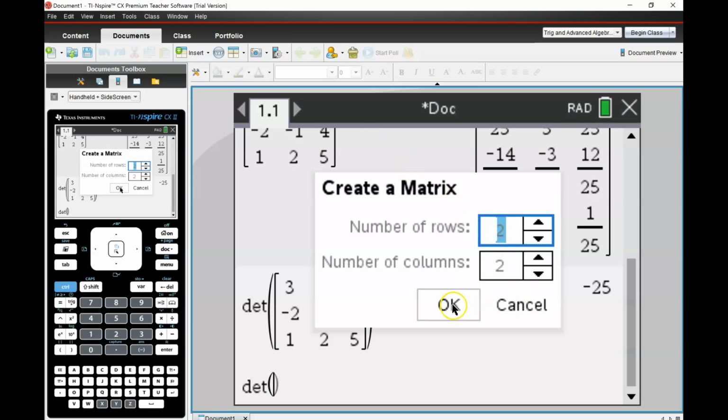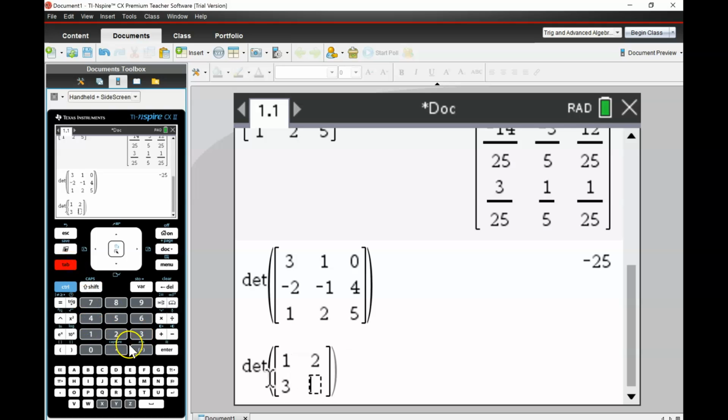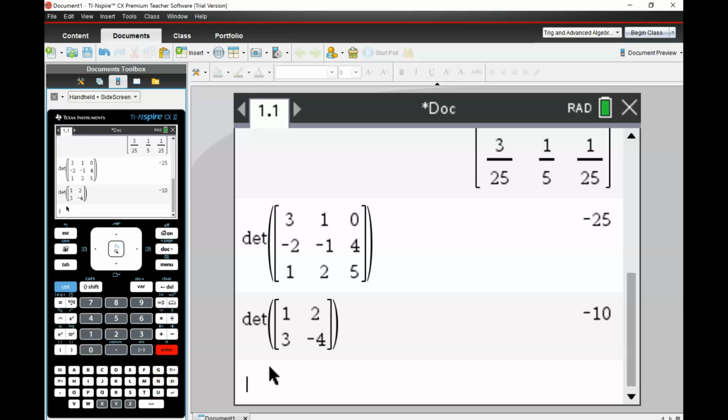I want to do a 2 by 2. So why don't we do 1, 2, 3, -4. You see that? Isn't that cool?